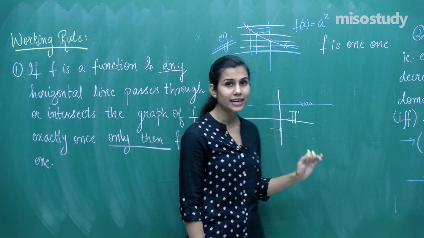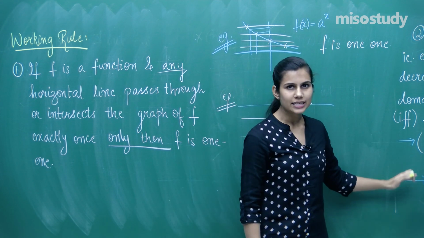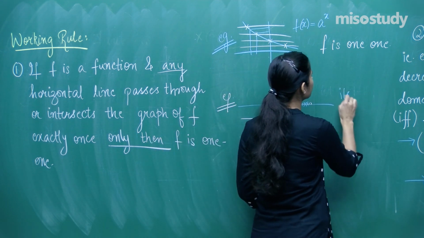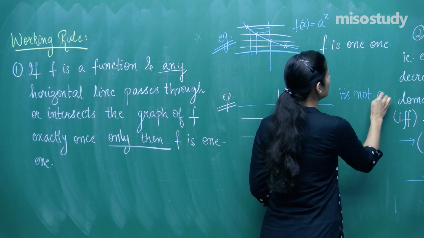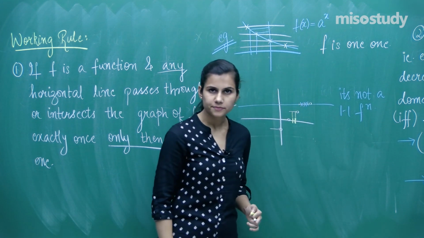It is not intersecting at exactly one point. Because of which not just this test but this test also fails, and therefore it's not a 1-1 function.